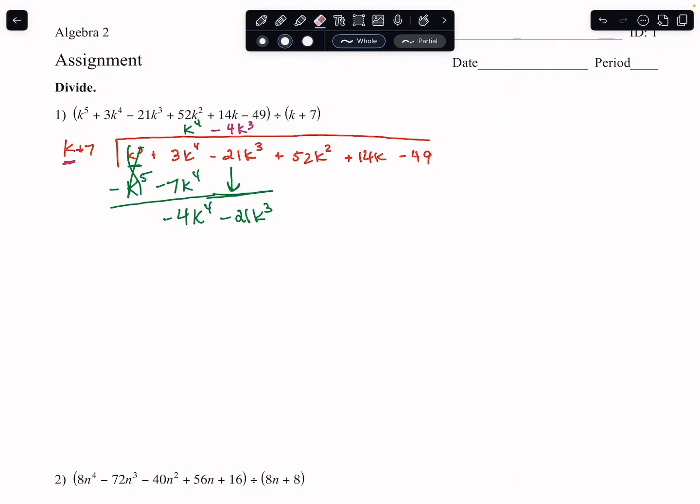And then negative 4k cubed times 7 is going to be negative 28k cubed. But now we go in and change the signs. This is going to cancel. And then negative 21k cubed plus 28k cubed is going to be 7k cubed. Then this 52k squared comes down.